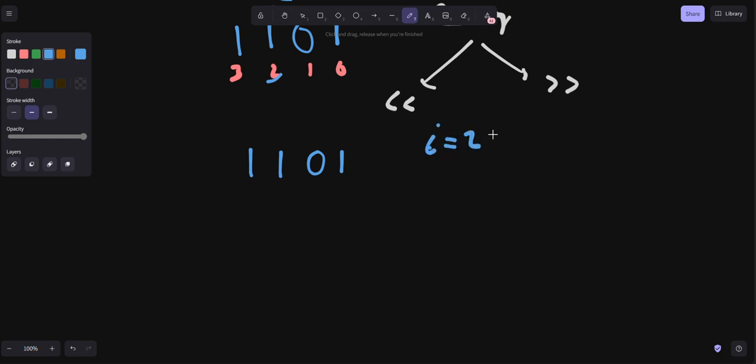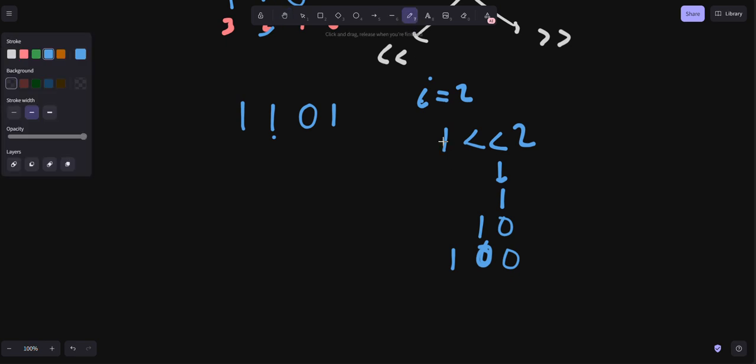I know my I is 2. I need to target here. How can I manipulate this to check if this bit is set or not? Can't I shift 1 left by 2? If I do this, what will I get? First it will be 1, then 10, and then 100.